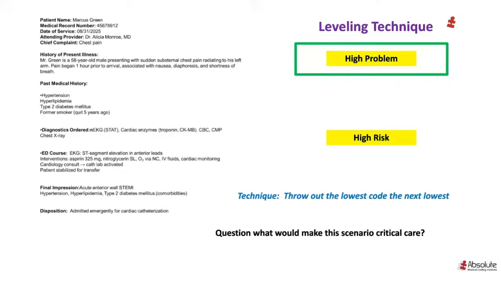And if there weren't any time documented, you can query the provider and ask, was there direct delivery of care for a critically ill patient, right? And if that doctor comes back and says, hey, yeah, I did provide direct delivery of care, then you would ask them to give you the amount of time and you can code this accordingly.